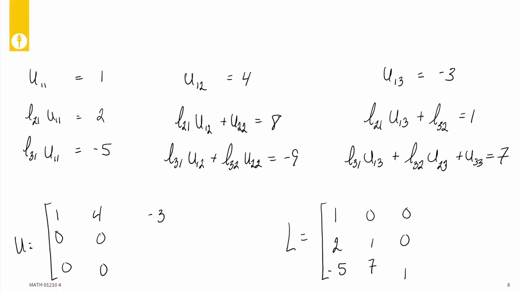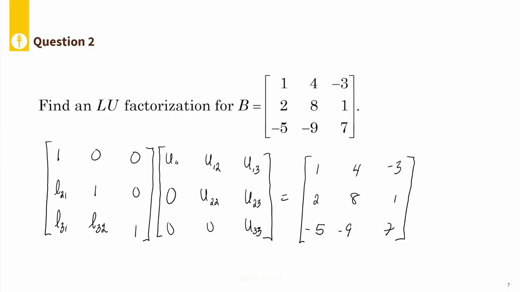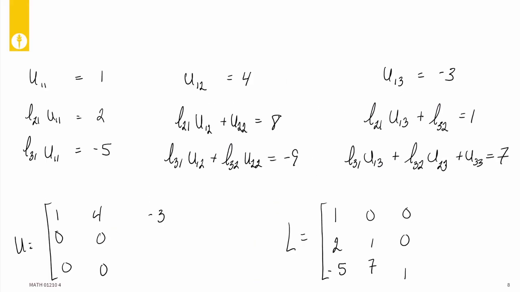Professor, for 2 by 3, would it be L21 U13 plus L32, or would it be plus U23? The spot 2 by 3. This one? Yeah. Would it be plus L32 or plus U23? L21.